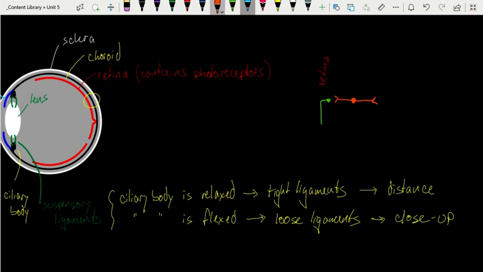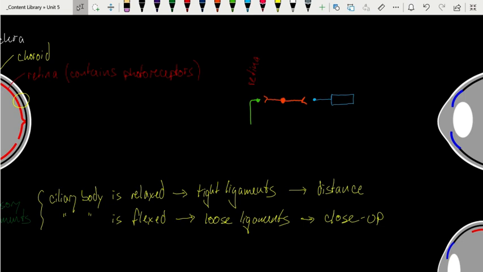And the bipolar cell is in turn going to synapse on my photoreceptor cell, which is going to either be a rod or a cone. Rods are for night vision, for black and white, and cones are for color vision. And then behind that, we have this layer of choroid. And then behind that, we've got the sclera.